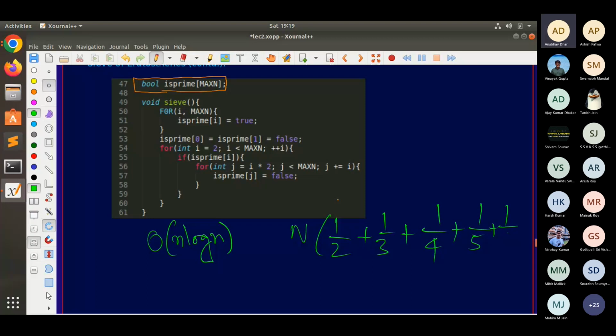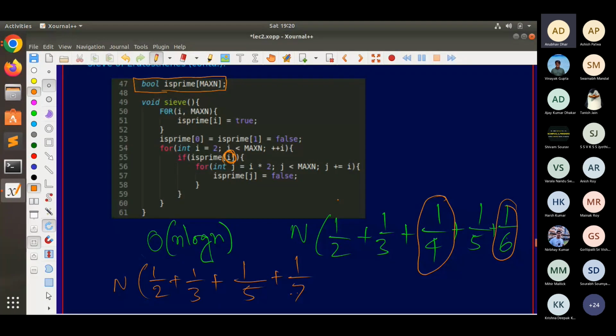That's an estimate of the actual runtime. But the thing is, this is not a summand in the final expression, because you're guaranteeing that i is a prime. So you only have something like n into 1 by 2 plus 1 by 3 plus 1 by 5 plus 1 by 7 plus 1 by 11, something like this, right? So n by i where i is a prime.